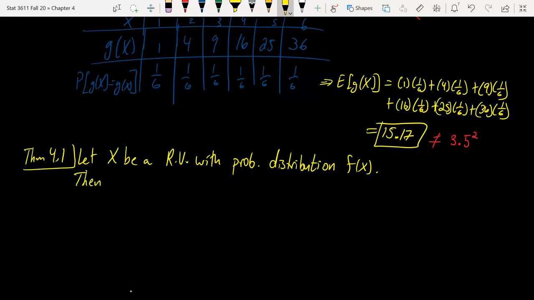Then the mean of the new random variable g of x is defined to be, and here's where that notation is kind of nice, the expected value of g of x.